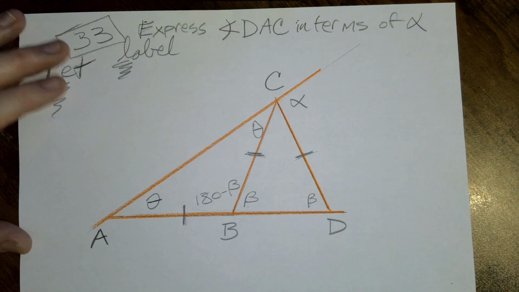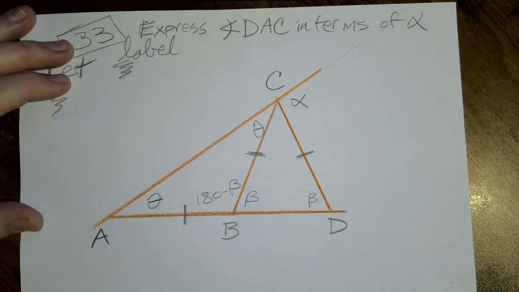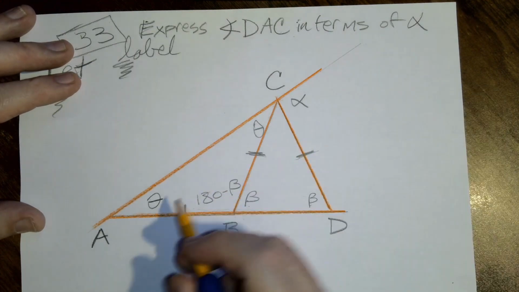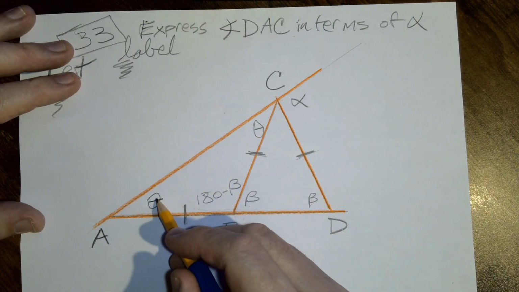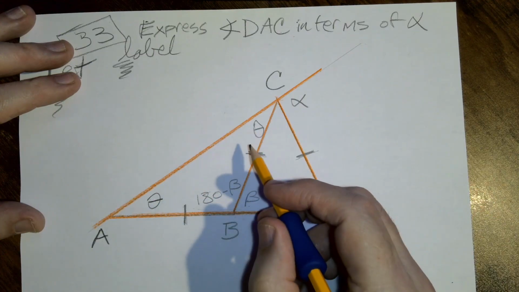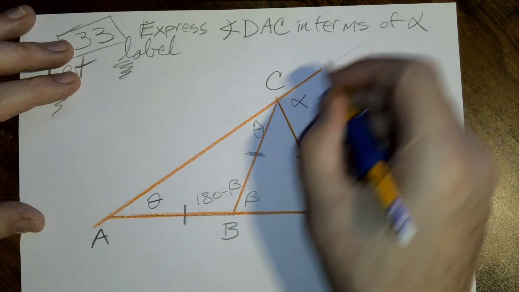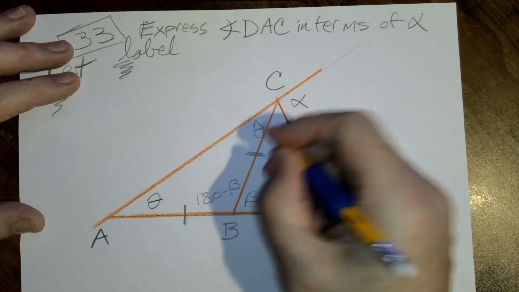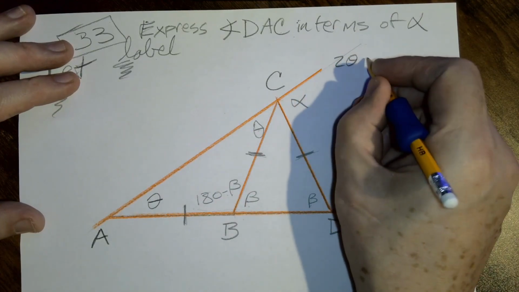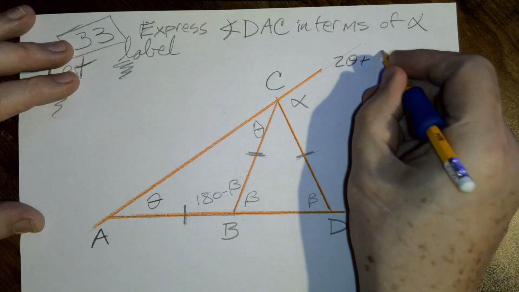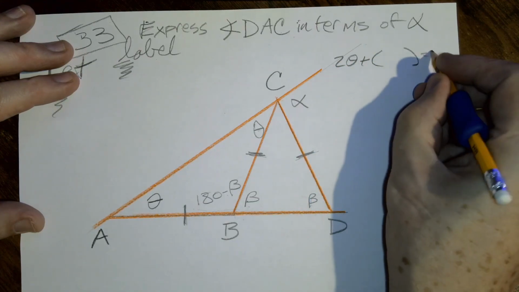All right, so looking at this, we have a few things going on here. This angle and this angle added together with this angle all give us 180. So we have theta and another theta, so 2 theta plus that angle gives us 180.